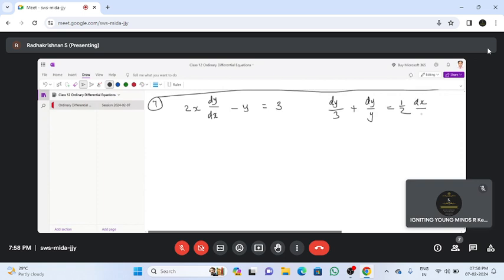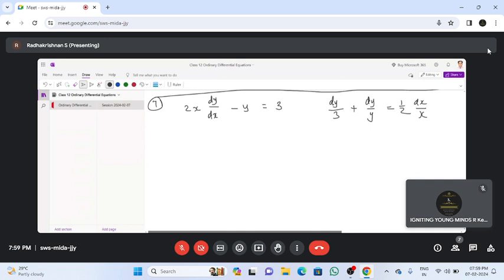Dx by x? Yes sir. Is this correct? Think and see.